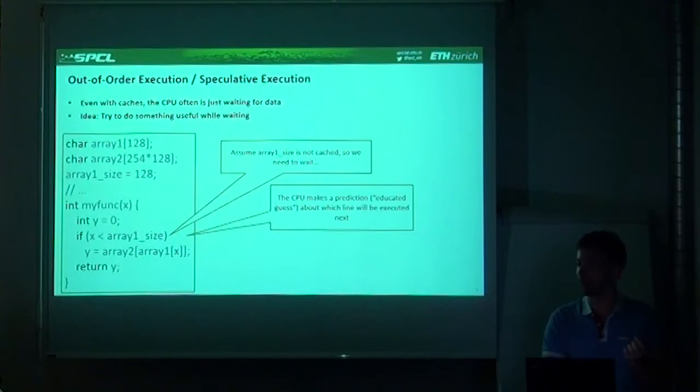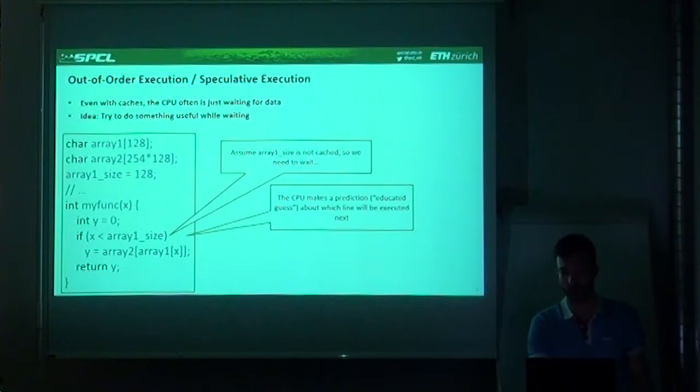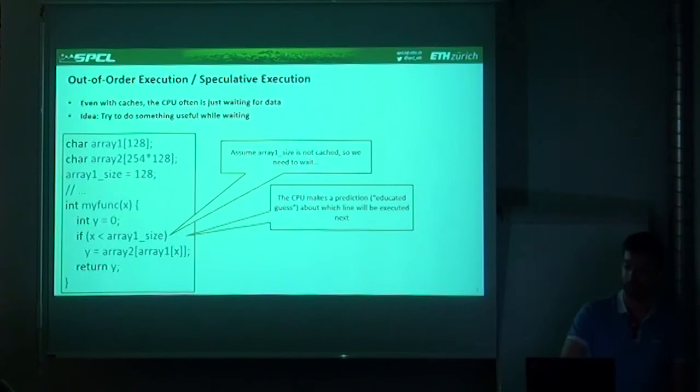And if the guess was right, then we are happy. We did something useful in the meantime while we were waiting for this data, and we commit everything to memory in the right order, and it will look to the programmer like my CPU is really fast and executing everything in order. This is what we want, and what has worked for many years.